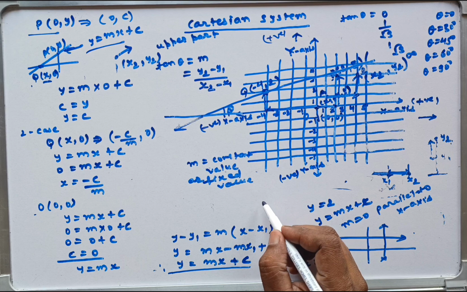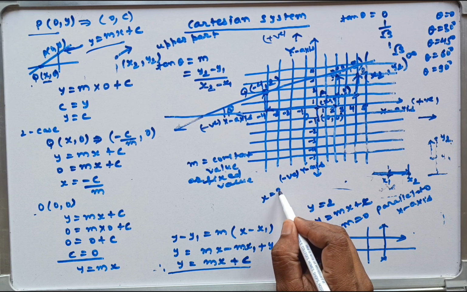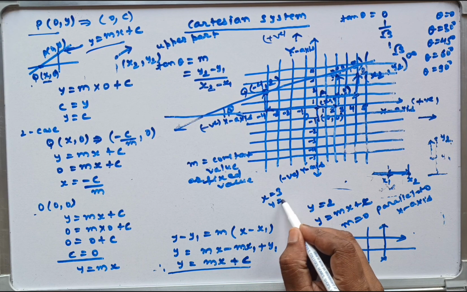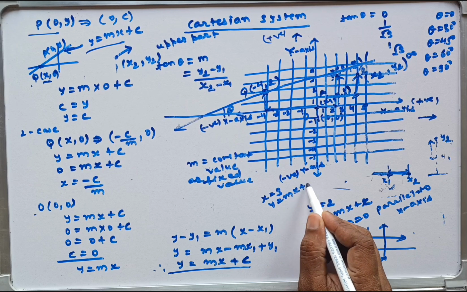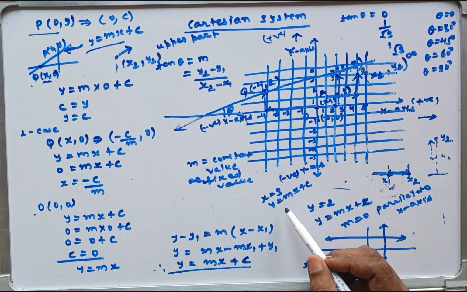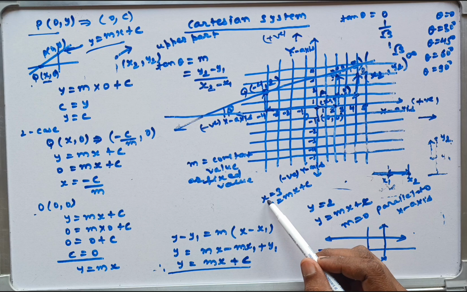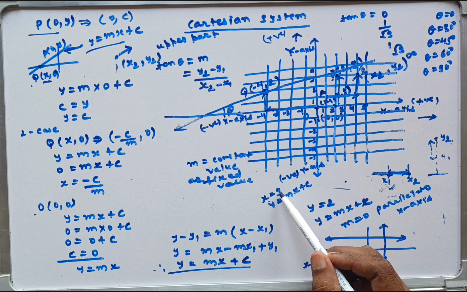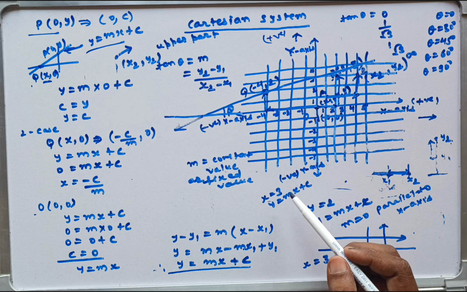How? See, x equal to 3, so y equal to mx plus c. In this case the value of x is fixed, and the y value is not going to change.